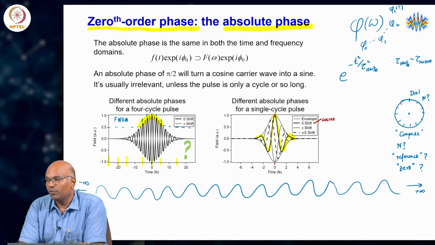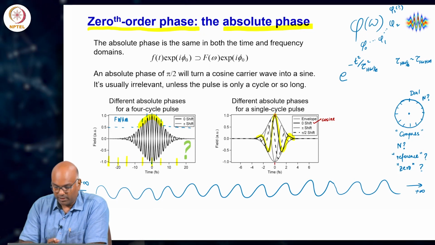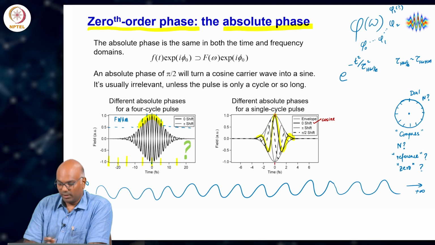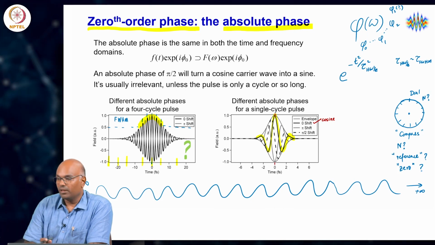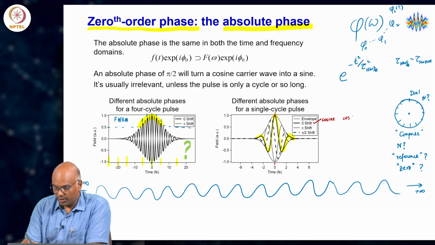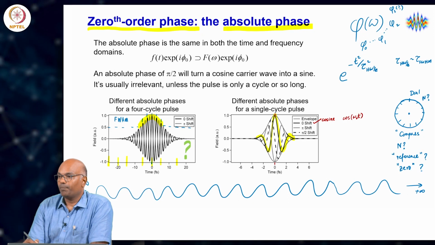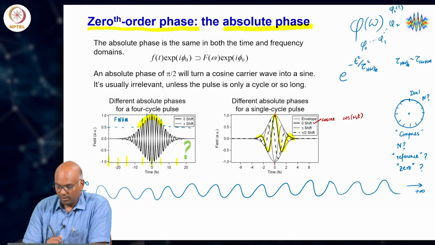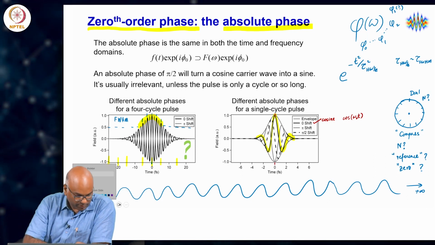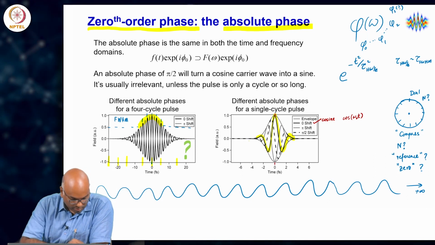Here phi of t is constant or 0. I can see that the carrier frequency is omega naught, and there is no variation in the instantaneous frequency visually. So this would be just a cosine omega naught t. Agreed? Contrast that with the next pulse, which I'm going to highlight.